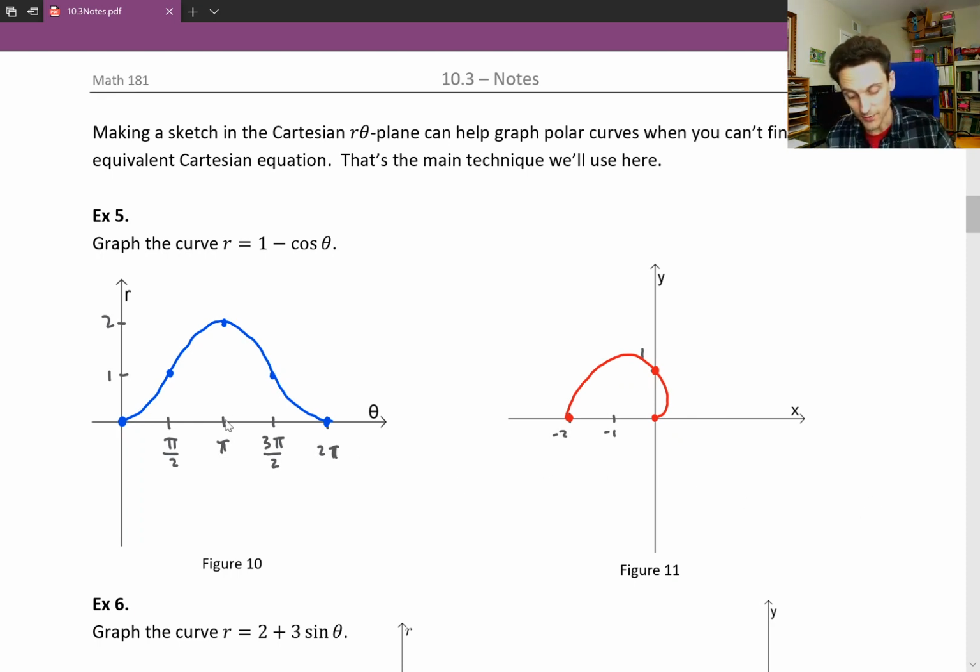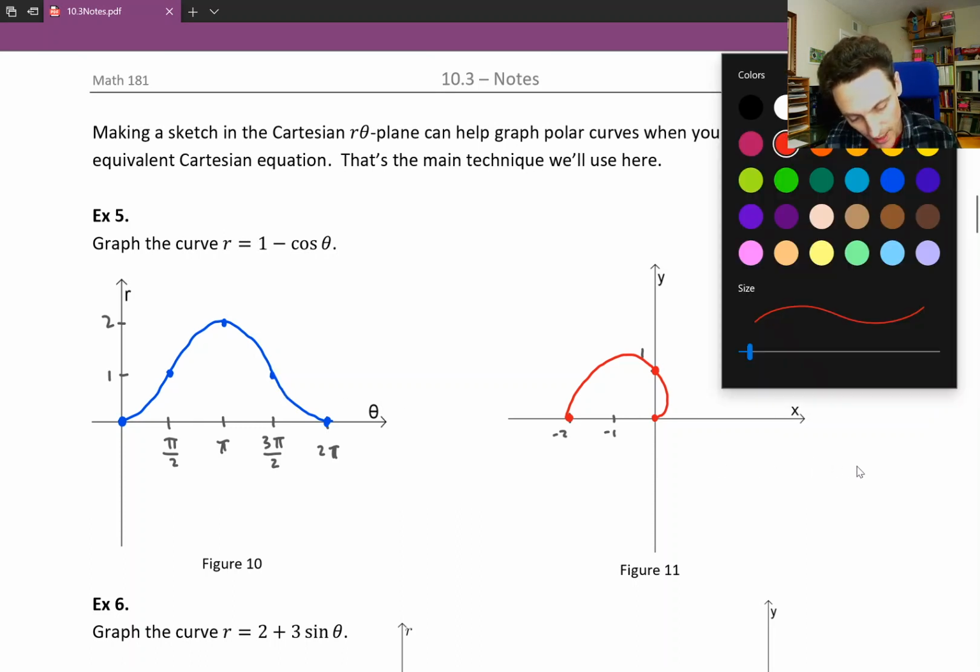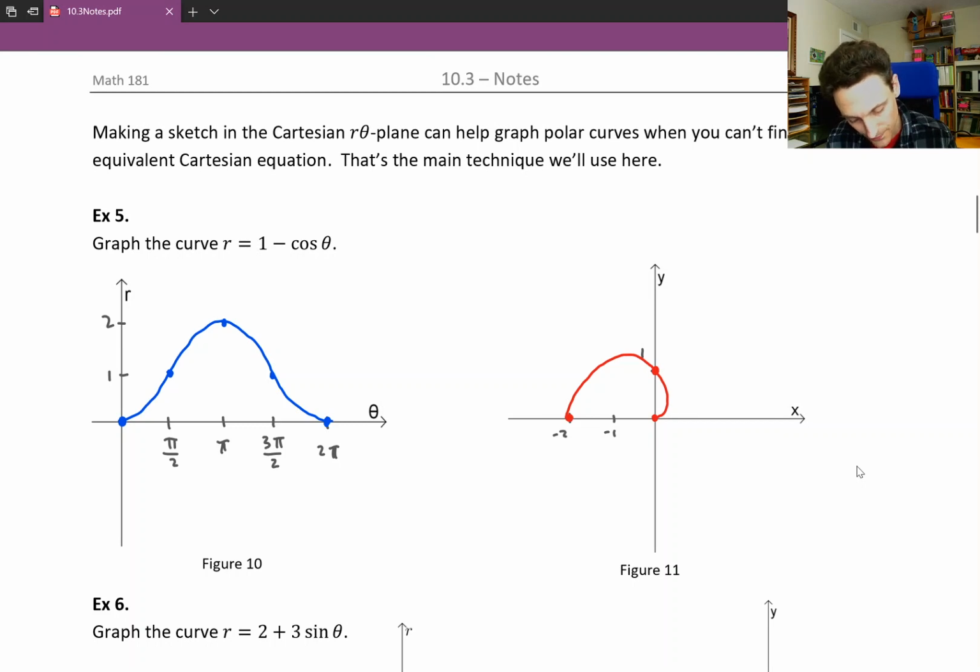Now, as theta goes from pi to 3pi/2, r is going to start to fall from 2 down to 1. So at 3pi/2, you're going to be along the negative y direction, and an r value of 1 is going to move you down the y-axis to 0, -1. So that's where you're going to end up.